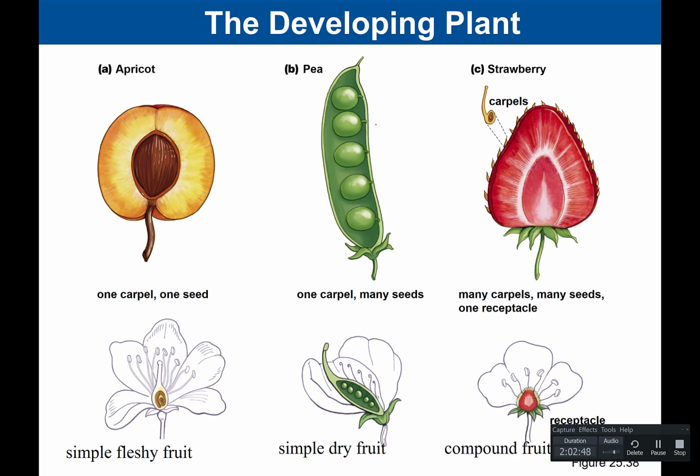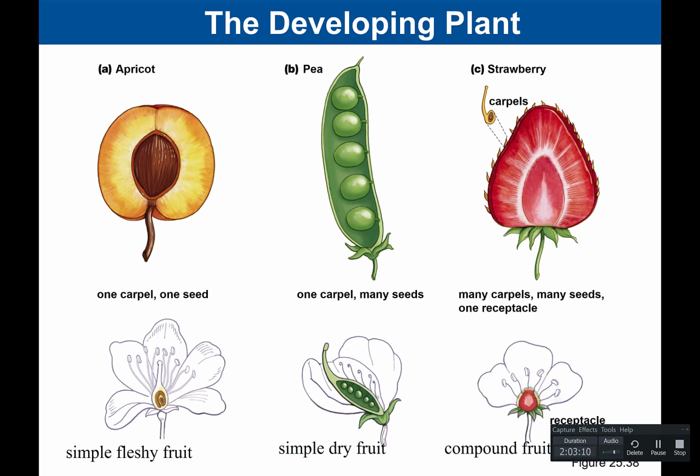And we can have what's referred to as a compound fruit. In the case of a strawberry, it is actually a false fruit. And that's because the seeds, those little seeds on the outside of the strawberry, each of those is derived from a carpel.